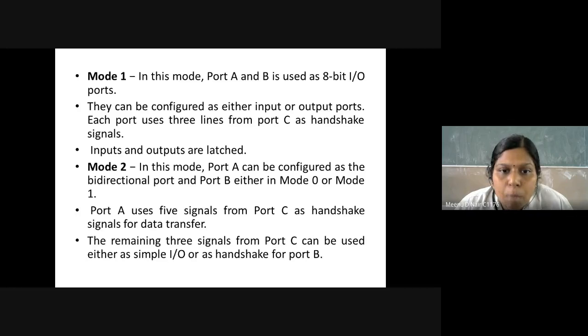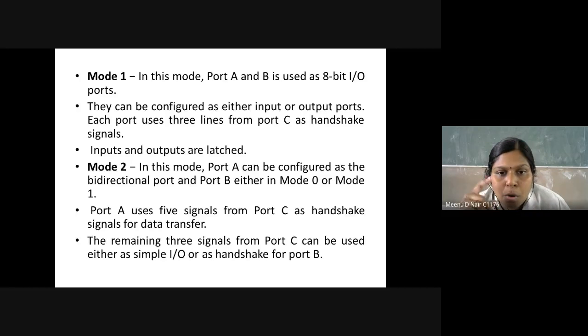Then in the case of mode 2, only port A can work in mode 2 of operation. So what happens to port B and port C? Port B will act in either mode 0 or mode 1.